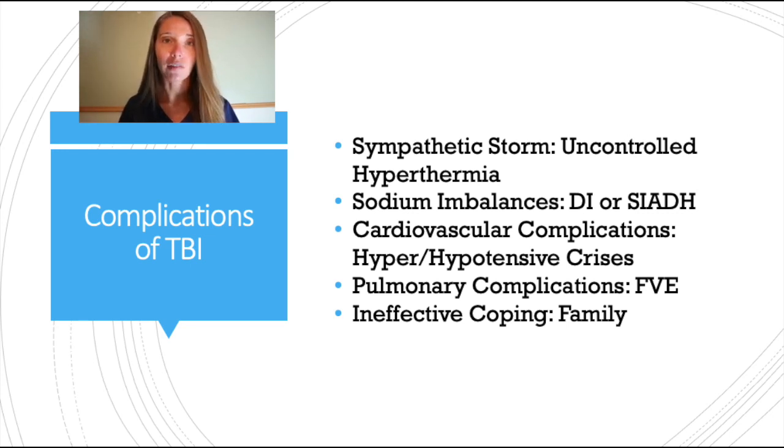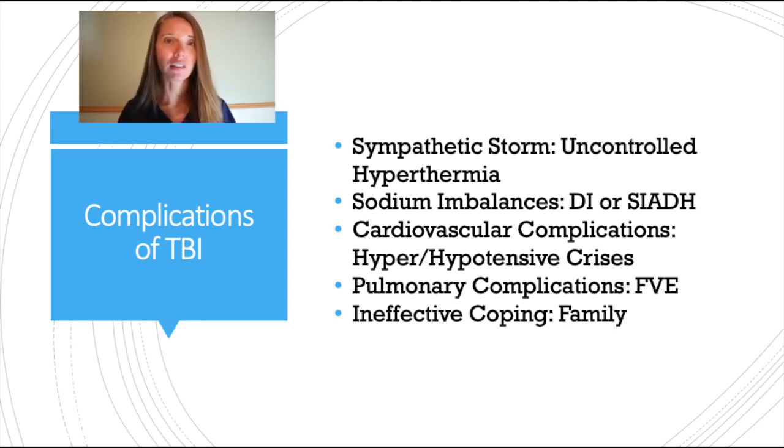Depending on what part of the brain is affected, we can have pathologic diabetes insipidus, as well as syndrome of inappropriate antidiuretic hormone, if the pituitary gland is affected. We can also have cardiovascular complications. Remember, we said that hypotension is very common. Systemic hypotension is very common, as well as bradycardia. So we need to prevent these through adequate fluid resuscitation.